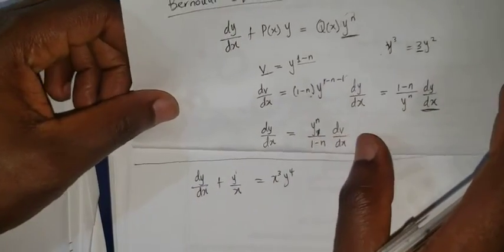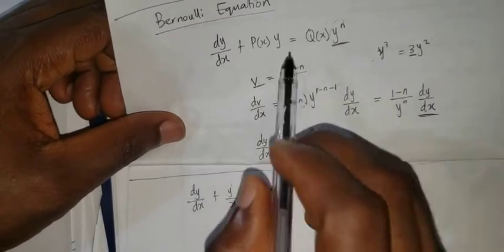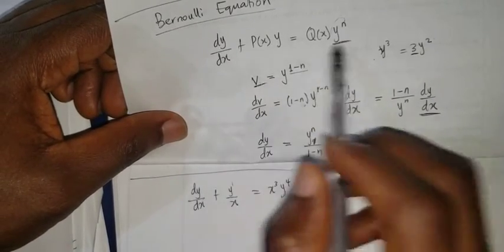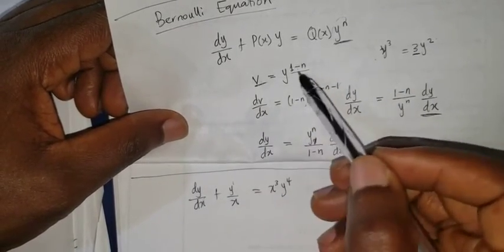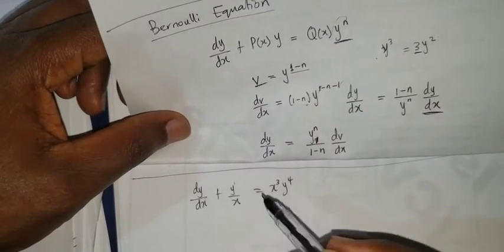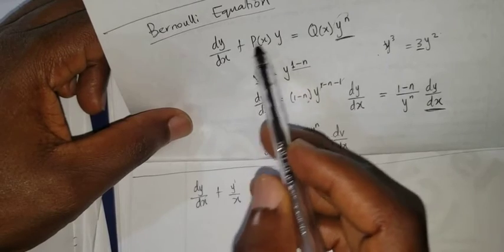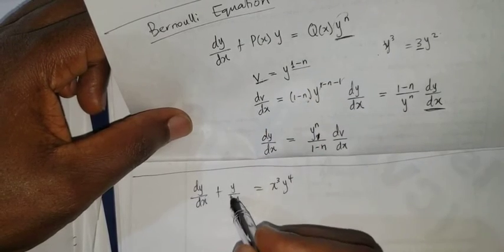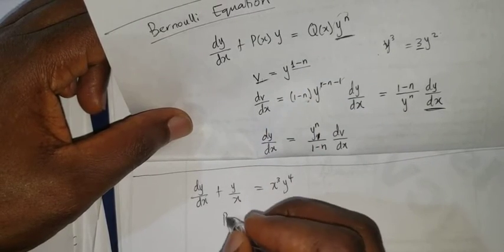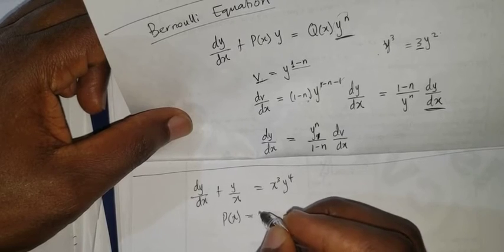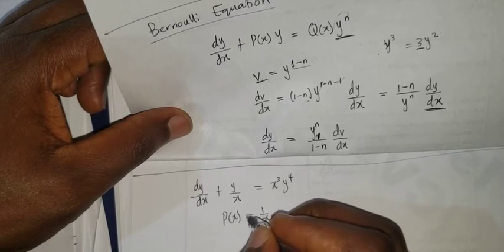Because it is a Bernoulli equation, we can reduce it by using this substitution. But firstly, identify the different parameters here. In this case, our p of x is that coefficient of y. Its coefficient is 1 over x. That means p of x for this specific problem is 1 over x.